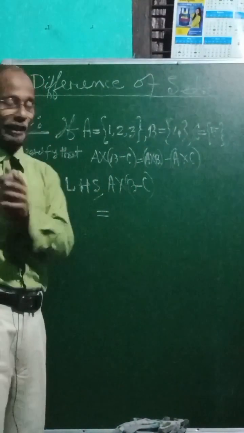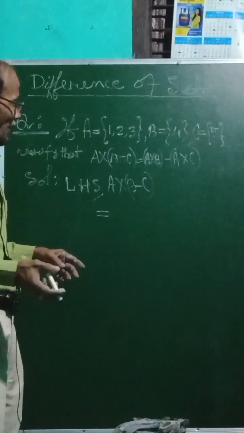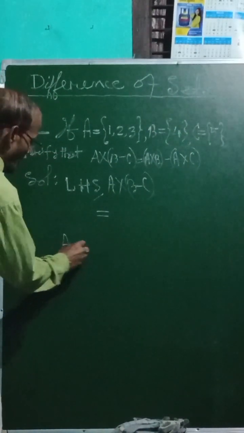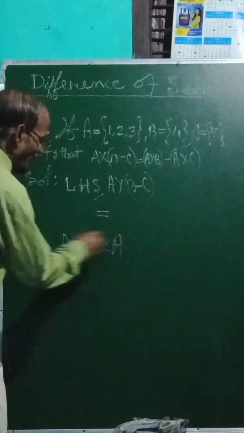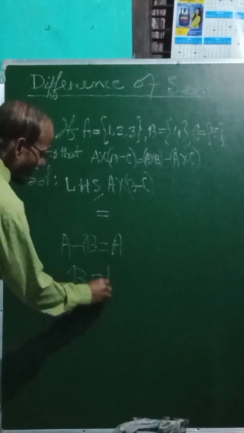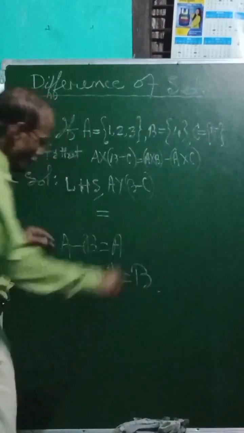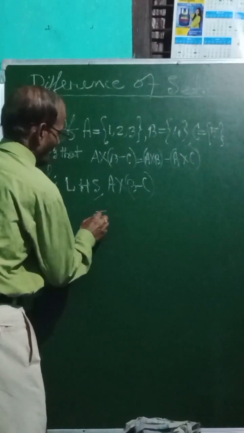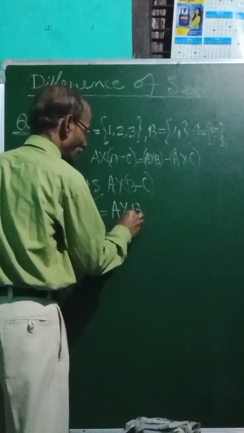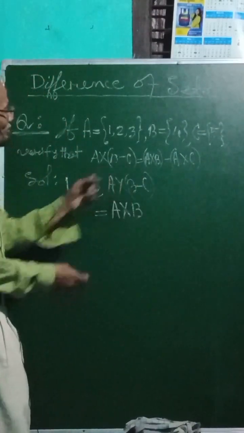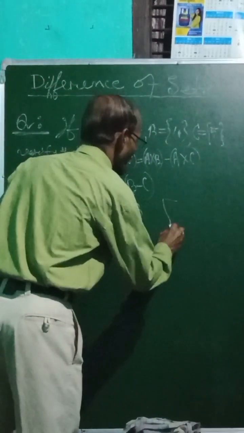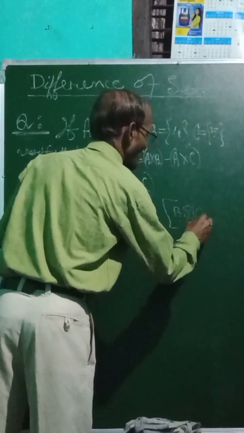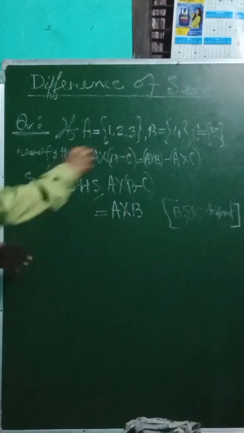So these two are disjoint, and already we have seen that for two disjoint sets, if A and B are disjoint, then A minus B is equal to A itself and B minus A is equal to B. So on that basis, I can write equal to A cross B, because B minus C equals B. You can write here B and C disjoint.